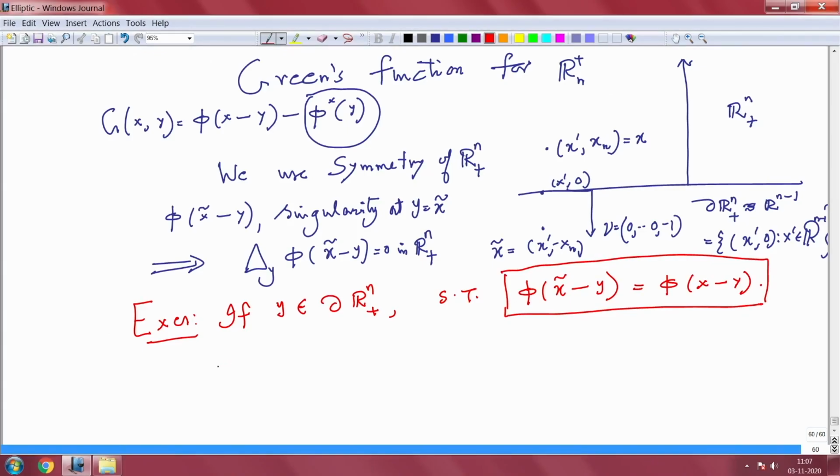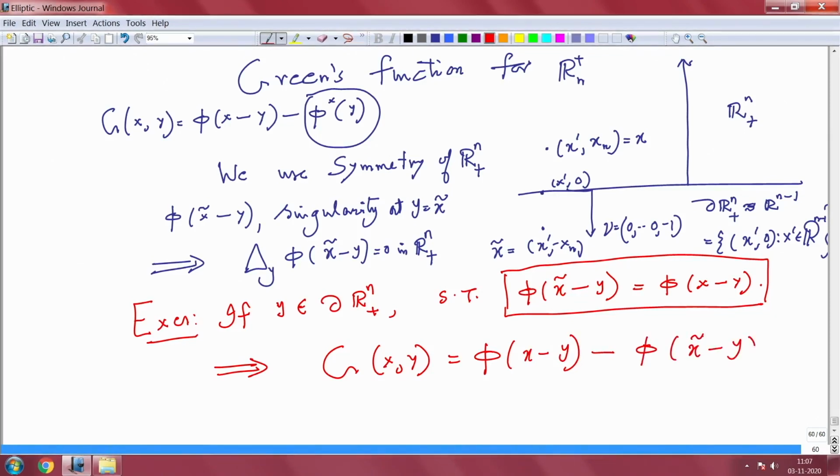So, this implies your Green's function for the upper half space is equal to phi of x minus y minus phi of x tilde minus y, where x tilde is the reflection point.